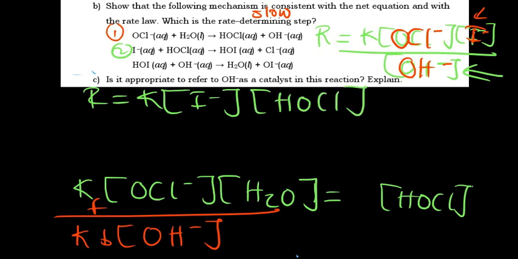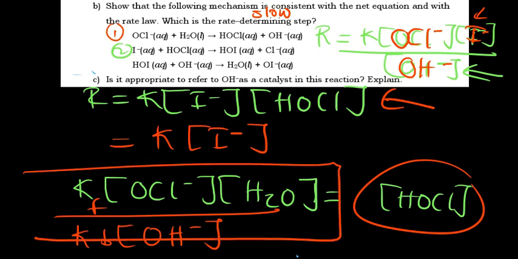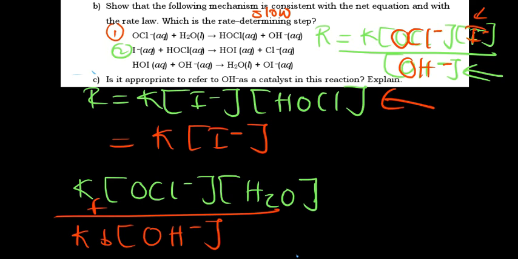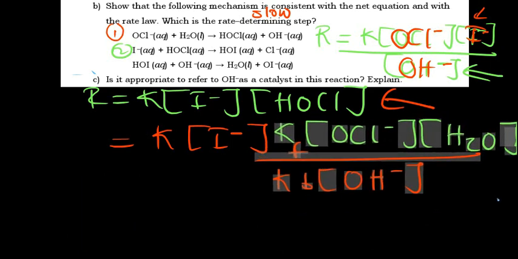So we've come up with an expression for HOCl from step 1, so we can substitute in that equation. So if we're going to substitute, we're going to have k iodide, and then for HOCl we're going to put this part. Okay, so let me just move it. There we have it.